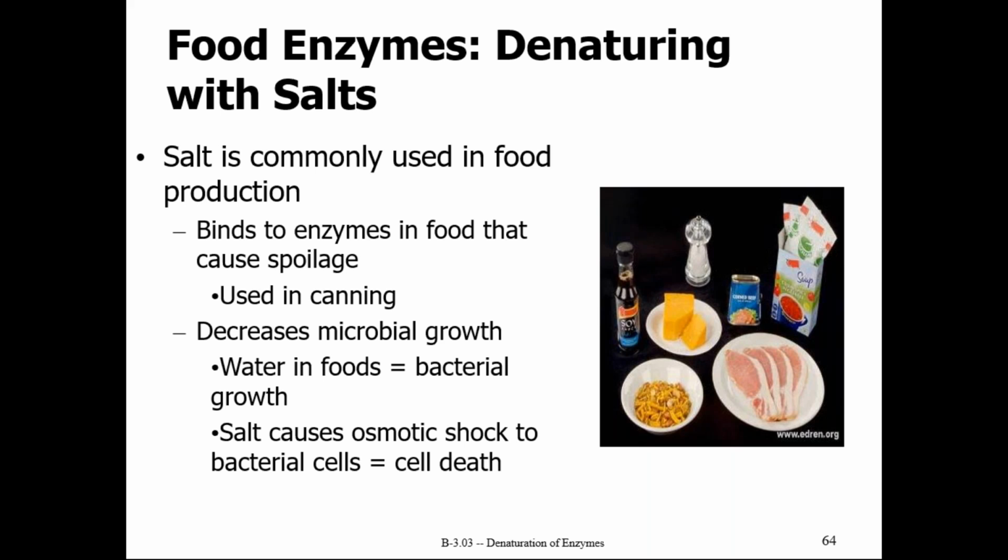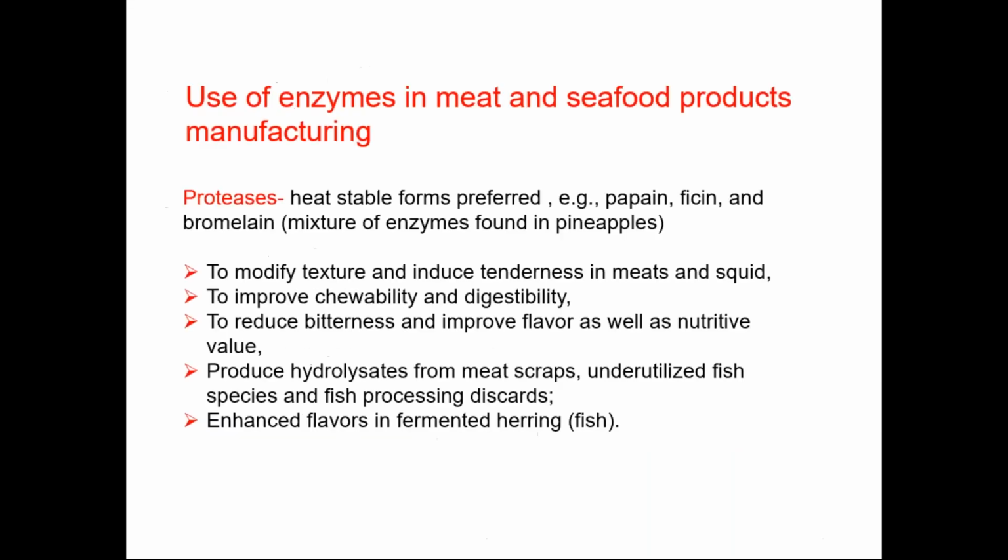So salt is used to prevent spoilage in canning, and it is also used to inhibit certain enzymes, so that there is no spoilage.